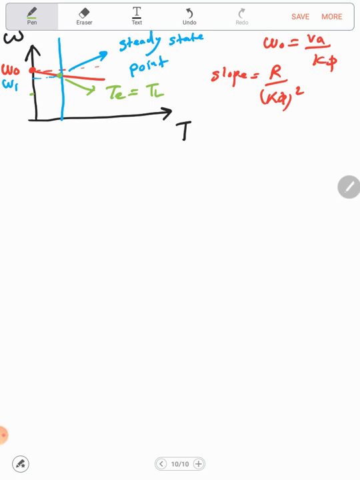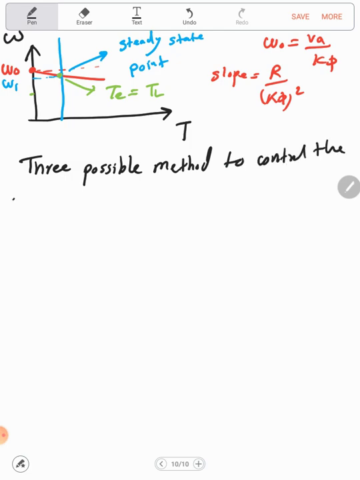So here we have three possible methods to control the speed. The first one is the armature voltage, VA control.